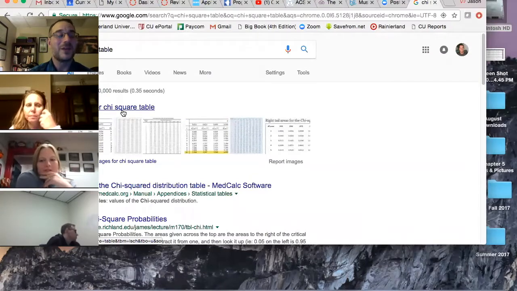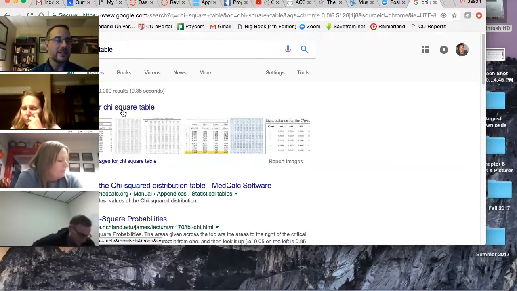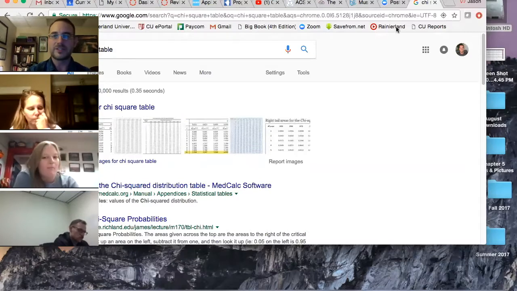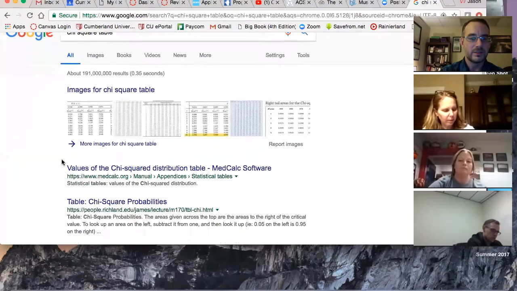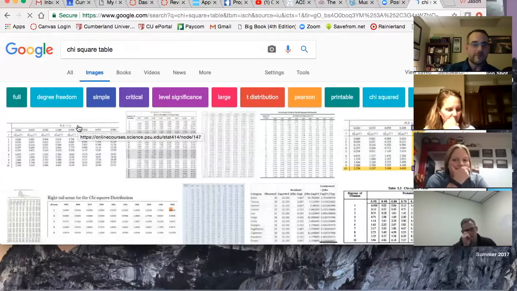Heads and tails. So n minus 1 would be 1. So we have 1 degree of freedom. And usually in this class and many social science related courses, we're going to use a 0.05 alpha level, unless you're specifically told some other alpha level. So in this case, we're going to set that at 0.05.